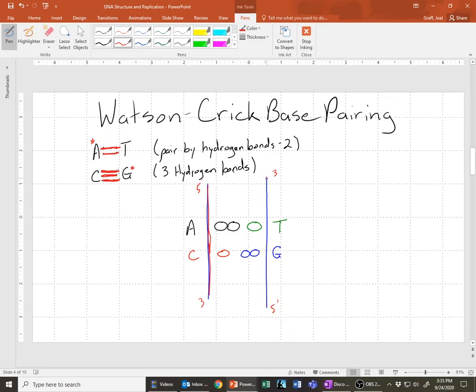If that's your sugars and phosphates making up the backbone of each strand, then those rungs going across, the A's and T's are going to have 2 hydrogen bonds going between them, and the C's and G's are going to have 3 hydrogen bonds going between them.